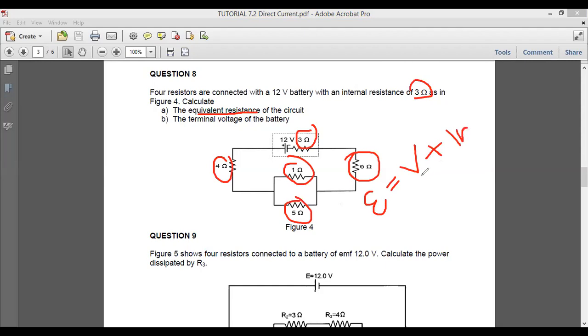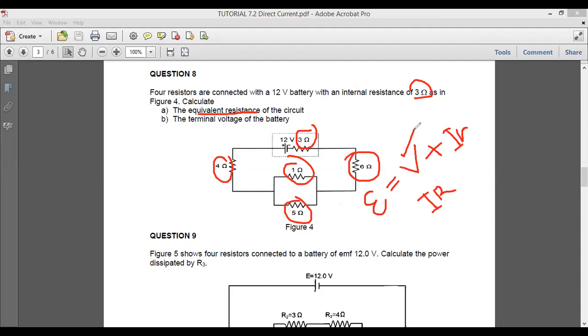V here is referred to as I times the external R. So you want to calculate the terminal voltage here.